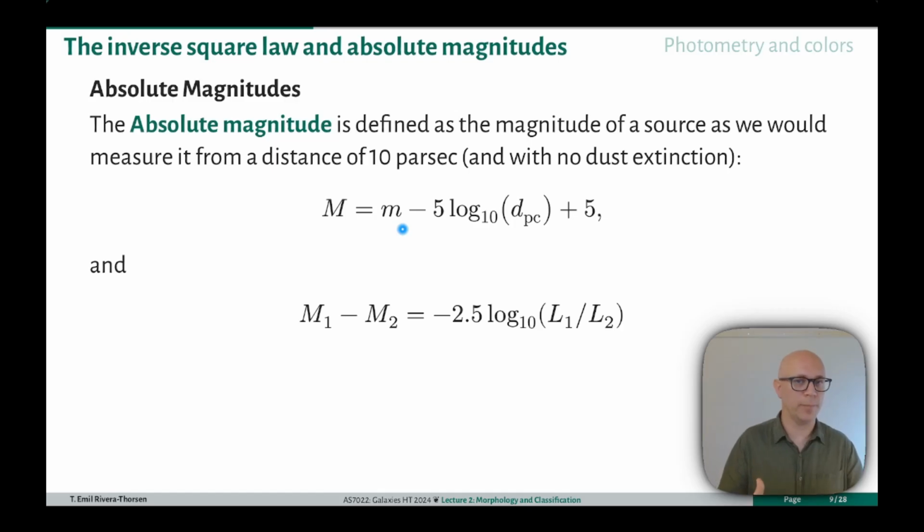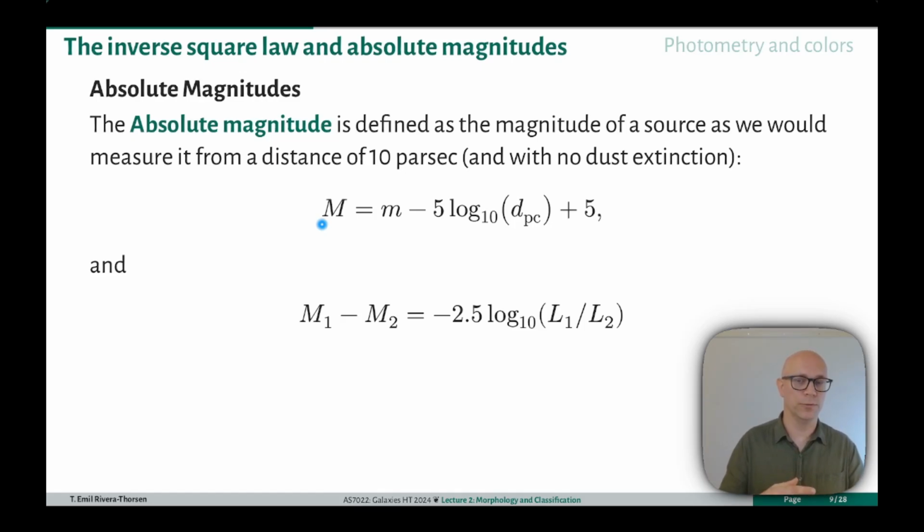So the apparent magnitude, little m, is a measure of how much light we receive from the object. The absolute magnitude, on the other hand, big M, is a measure of how much light the object physically emits.